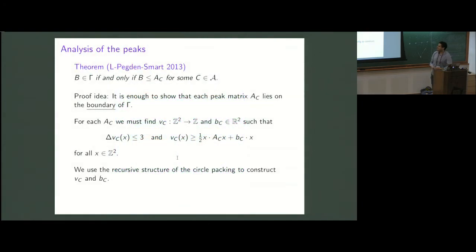Well, having the explicit structure of the circle packing, it's a blessing and a curse. It's a blessing because you have a lot to work with, but it's a curse because it's so specific. So, with a lot of sweat, we were able to prove this exact description of gamma using a lot of special stuff about circle packings, which I'll tell you some of in a moment.